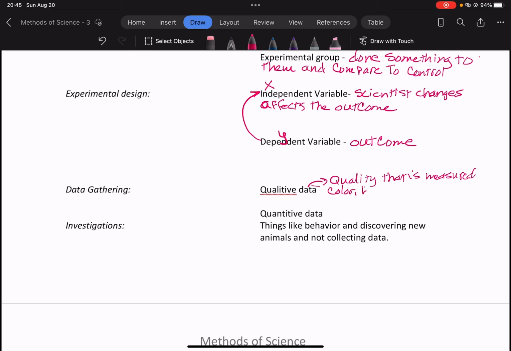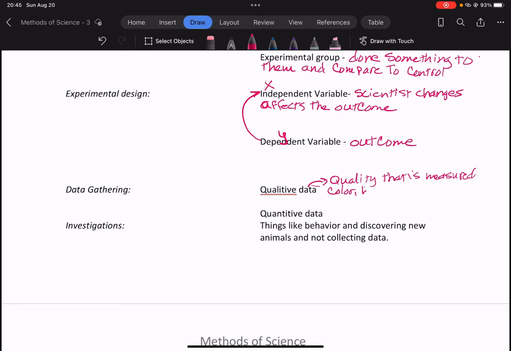That's the big one that you look for, is color. See how the color changes, or some sort of inherent quality.